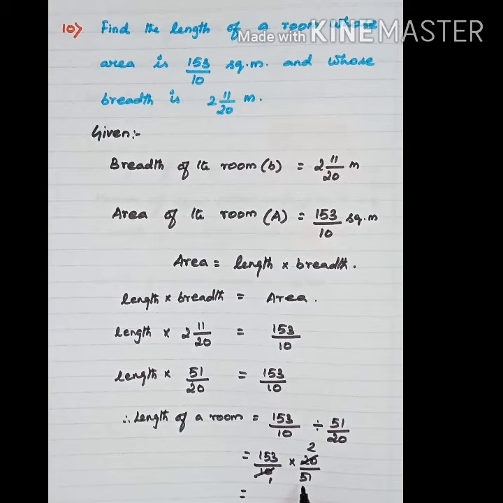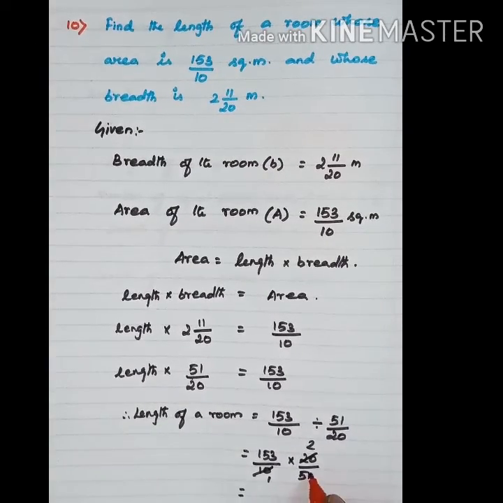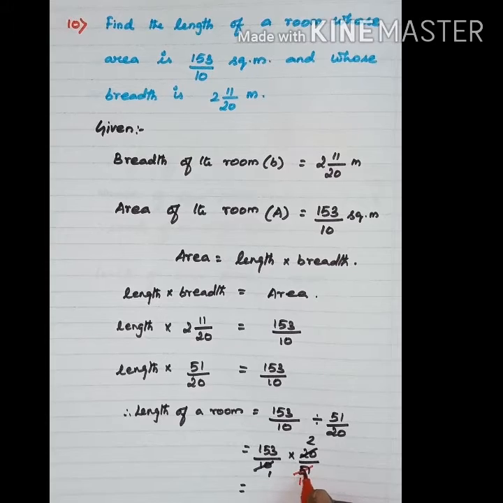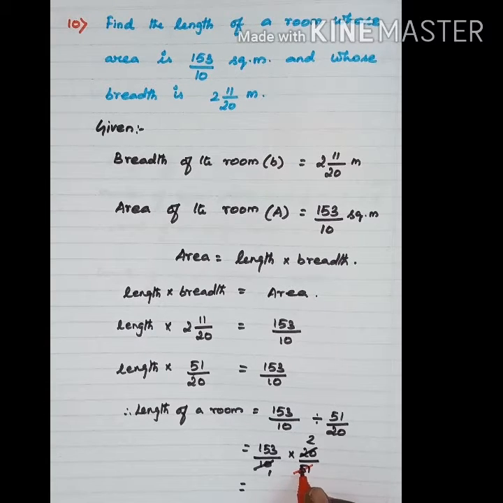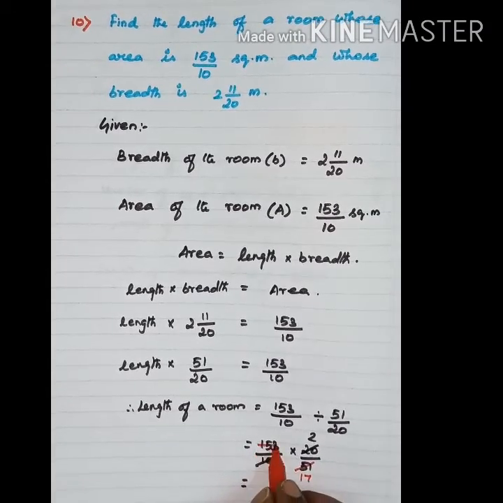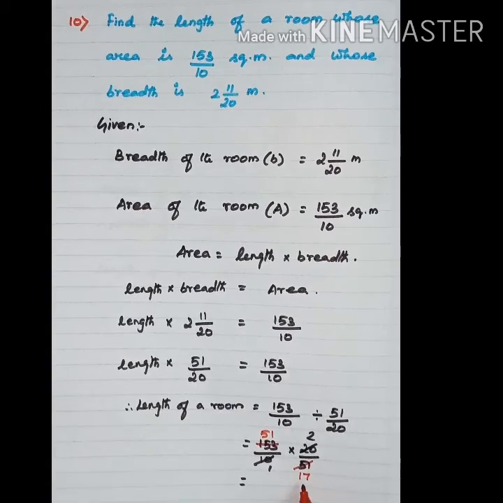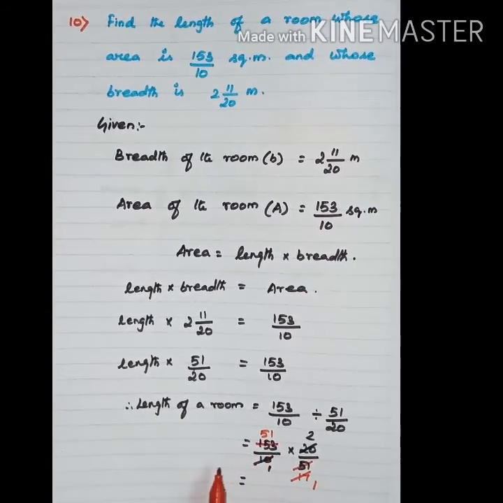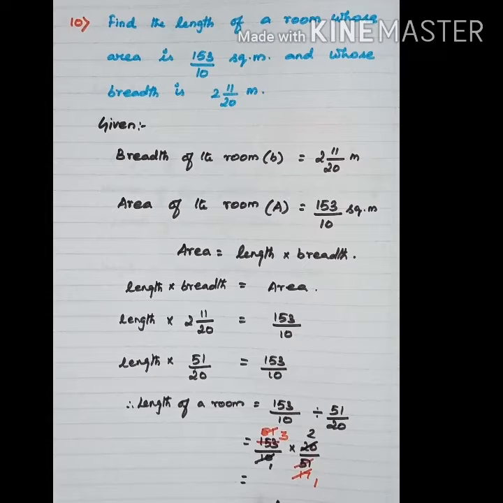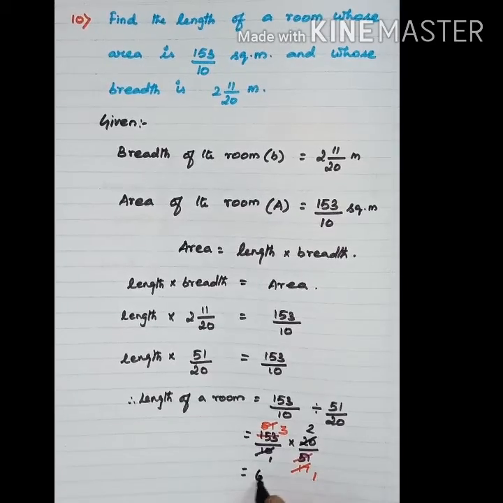153 and 51 can be divided by 3 table. 17 threes are 51. 3 twos are 6.